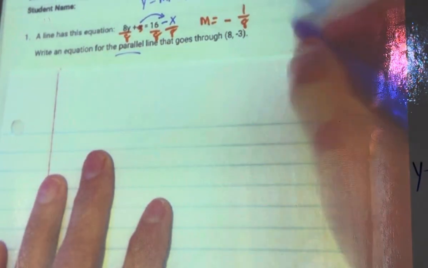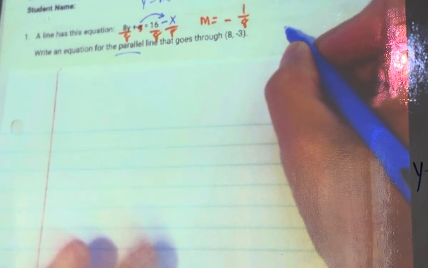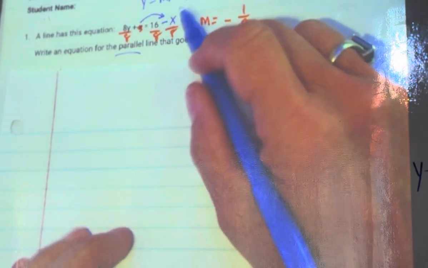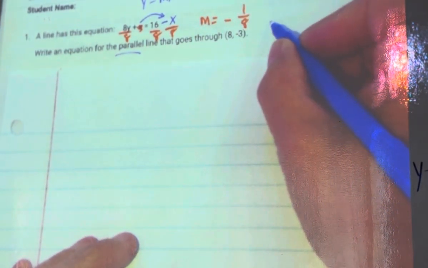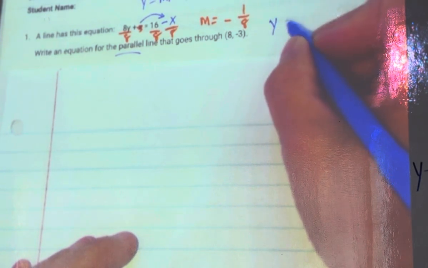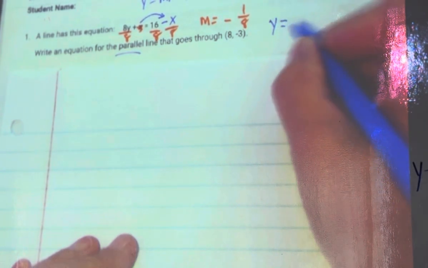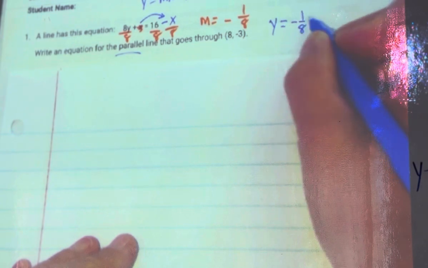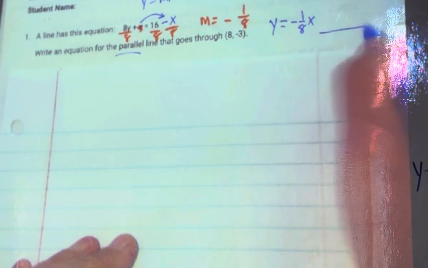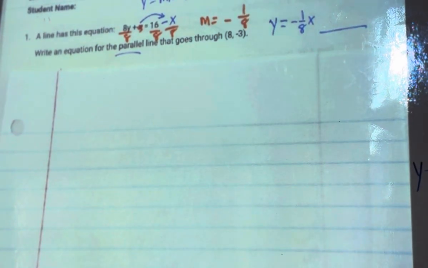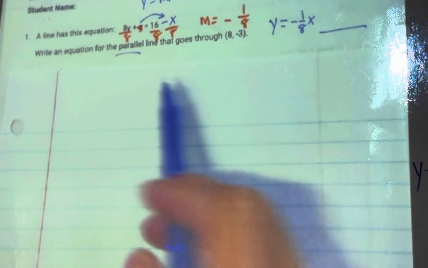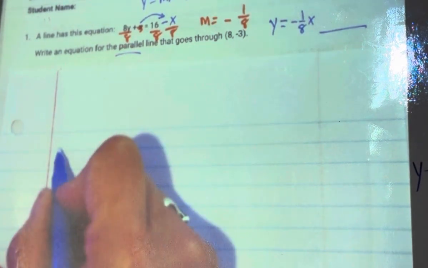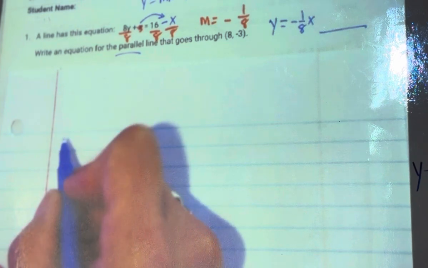Okay. So the disadvantage with that one is when you get done, you're not done. You still have to write your equation. So our equation is going to start off as y equals negative 1/8 x, and then I need to find my b. So I'm going to show you on paper, that way we're not squeezing it in.